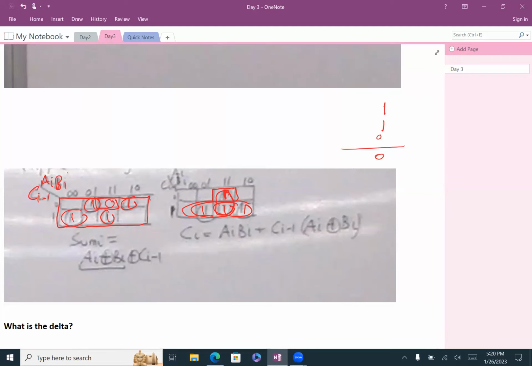Clear? So why did we do that again? What's the reason we only took this one separately? To be able to reuse the XOR. That's the whole idea. In this case, you're saving hardware. You're already building the XOR in this way, so you will have it in your circuit. You just reuse it.